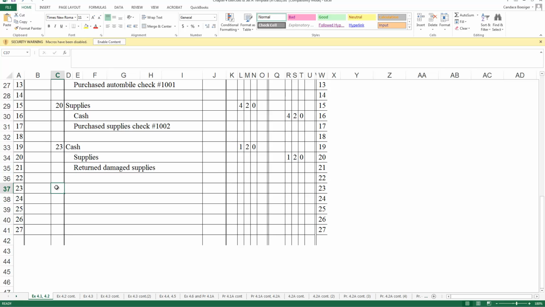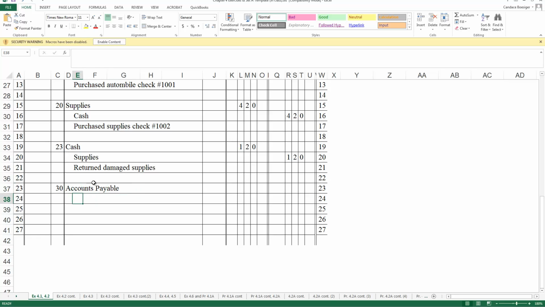So the next one, the first one on the 30th, says issue check 1003 for $3,200 to Zen Inc. as payment on account for invoice 9823. So our cash is going to go down and so is our accounts payable. To decrease a liability, we debit it.